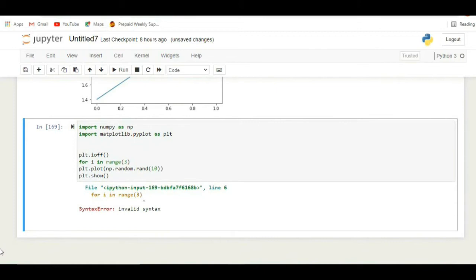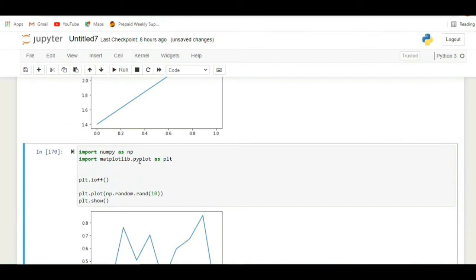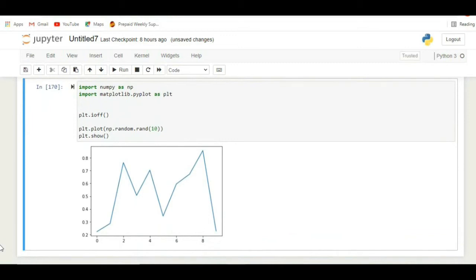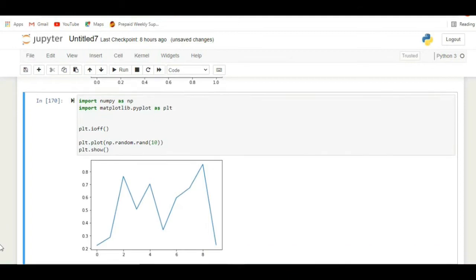So we are checking which thing is not valid here. Yes, it is working. After removing the for loop over range 3, our code is working. You can also check this code in Python.